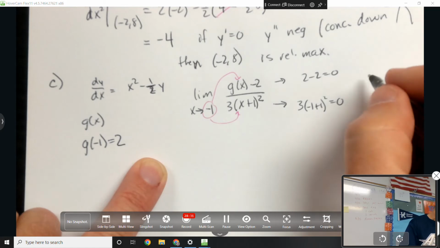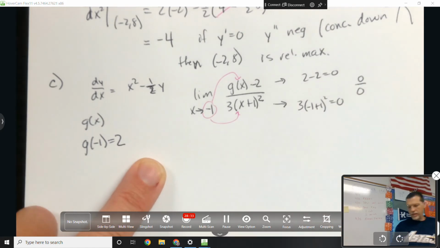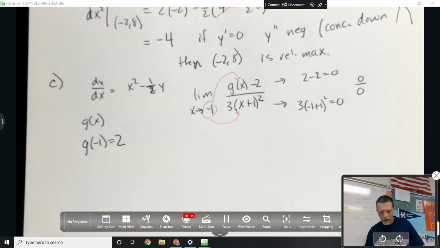And so this came up again on the Facebook page of what do you write to be clear that you're using L'Hopital. One of the things they emphasize several times is, and I don't know that I emphasize this enough, do not write equals 0 over 0, because it doesn't equal 0 over 0, because 0 over 0 is indeterminate. So I've carefully avoided writing equals 0 over 0.